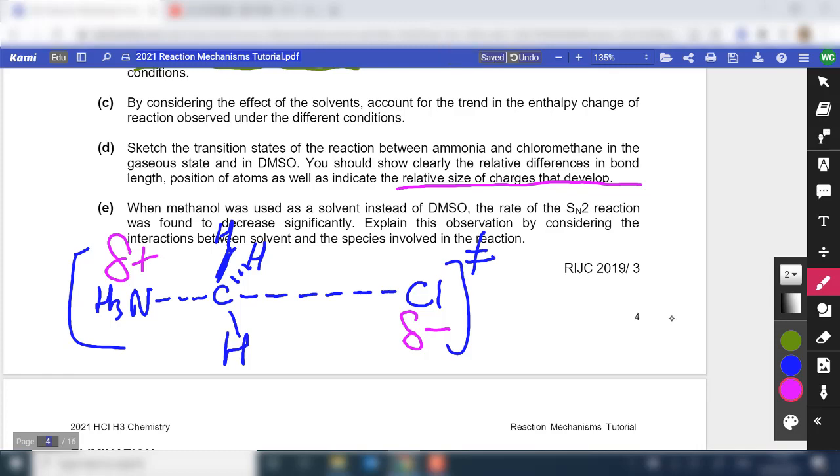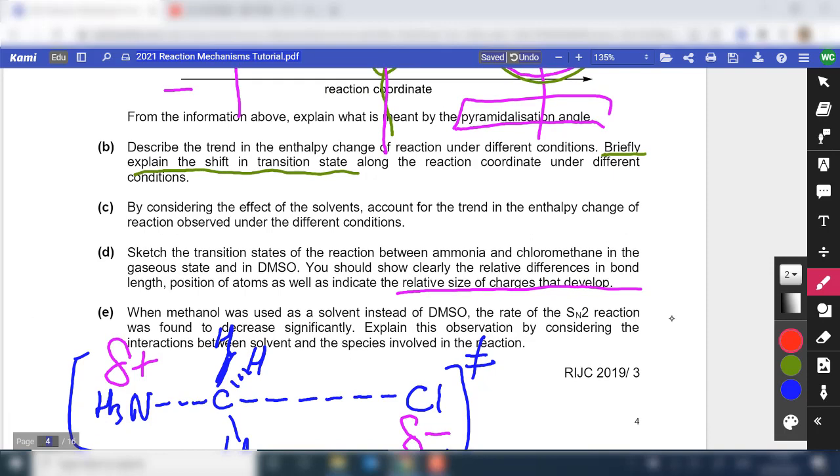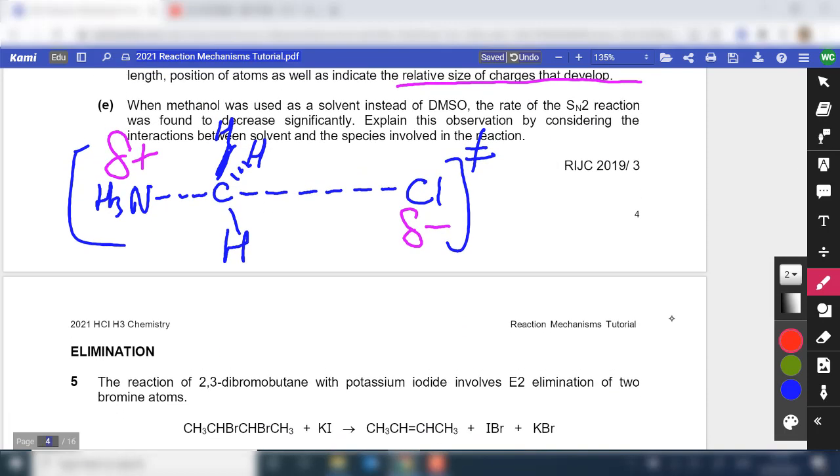Whereas for DMSO, being an early transition state, let me just find a place to draw. Maybe I'll draw it here. Being an early transition state, the N–C bond is not really fully formed, so it's far away. The C–Cl bond is not fully broken.